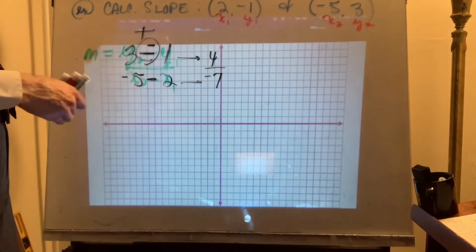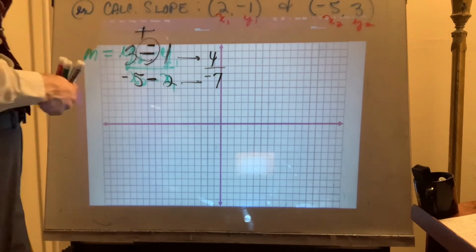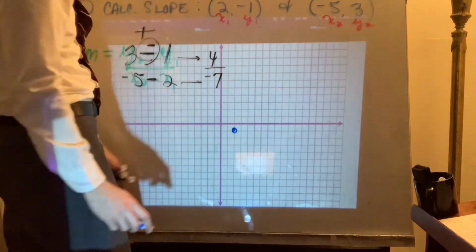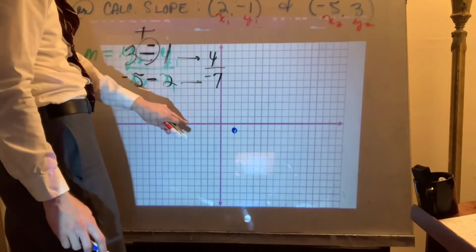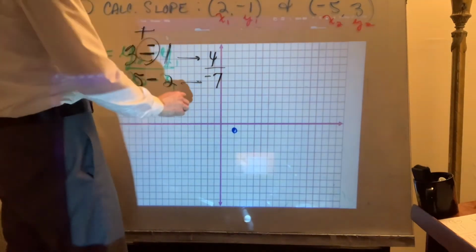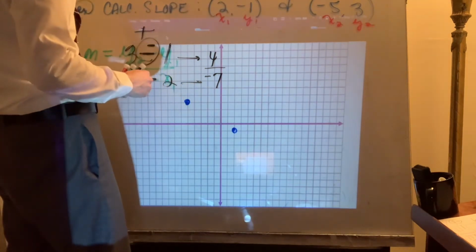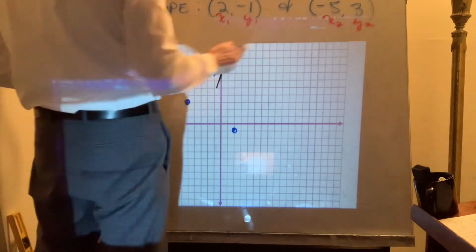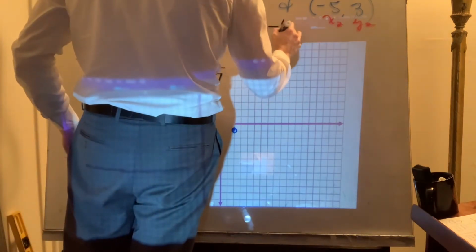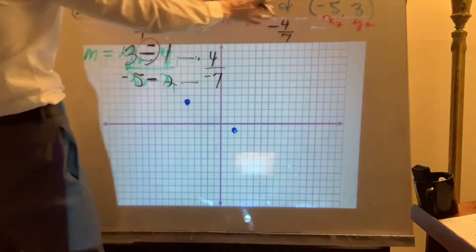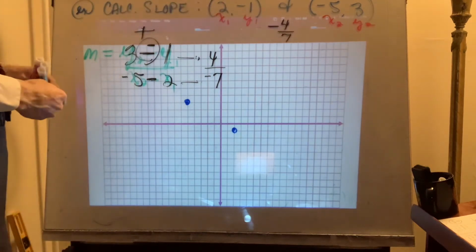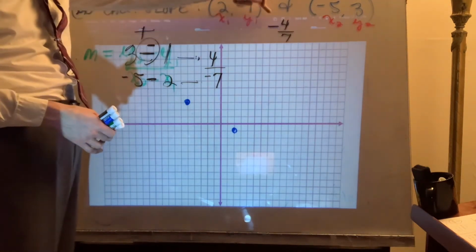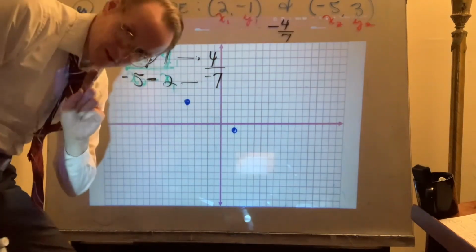You would have, let's see, 2, -1, you'd have a dot here, and then -5 would be 1, 2, 3, 4, 5, and then up 3, 1, 2, 3, a dot there. We already calculated the slope as -4 over 7. I'm going to put this here. I like the negative on top, it's just kind of a preference. I know it's not written that way as it calculated, but that's legit. As long as one or the other is negative, it's the same slope.